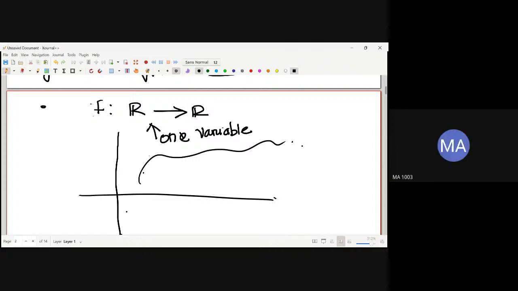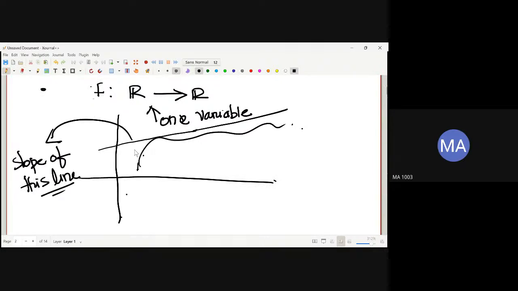And this slope decides how the function behaves at that point. Okay, so as someone said, it tells you the instantaneous change of the function. Similarly, you can do the same thing for a multivariable function.